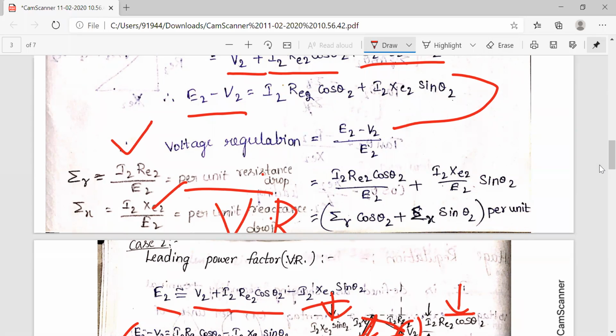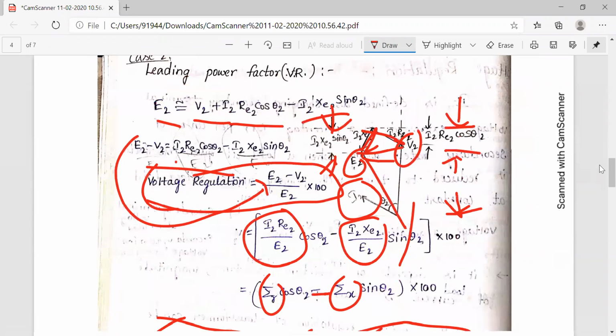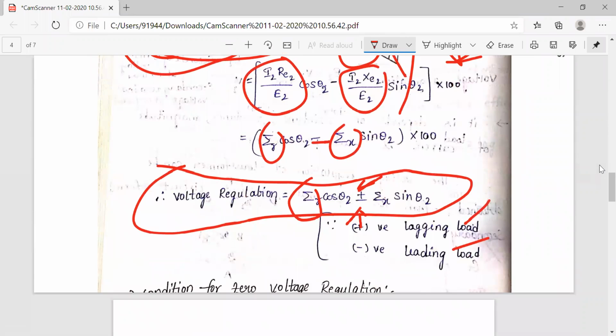For leading power factor, same calculation: sigma r cos theta 2 minus sigma x sin theta 2. Just the sign changes. Plus for lagging, minus for leading.